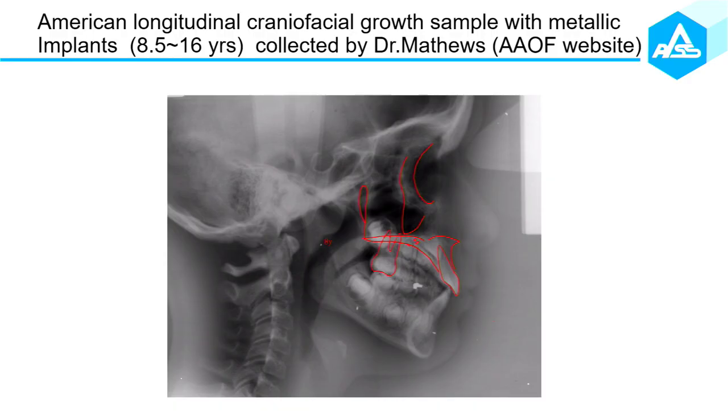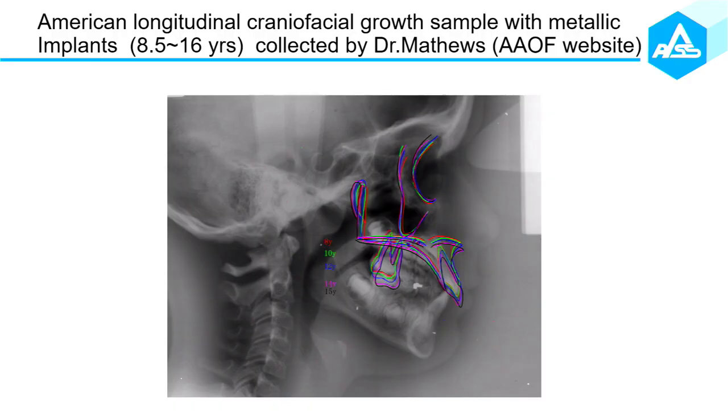Those are metallic implants. Superimposed on those metallic implants, 10 years old, 12 years old, 14 years old, 15 years old. Now you see the molar tipped forward, growth downward and forward.